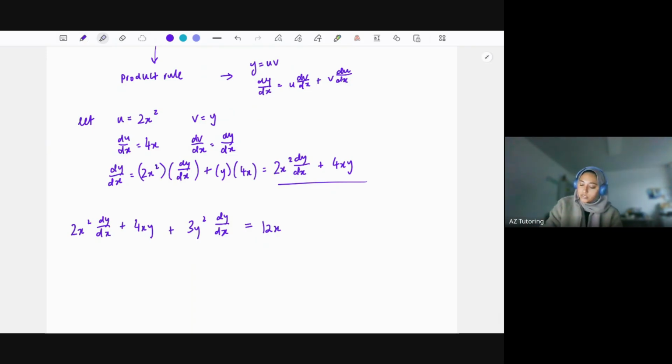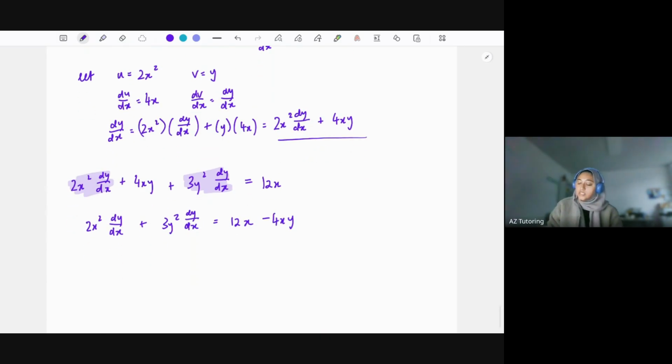Okay, so all I need to do now is make dy over dx the subject of this formula. So dy over dx is over here and it's over here. I'm going to leave those two terms on the left-hand side, and this 4xy, I'm going to take over to the other side. So I've got 2x squared dy over dx plus 3y squared dy over dx equals 12x minus 4xy. Now to get dy over dx by itself, I need to factorize it out.